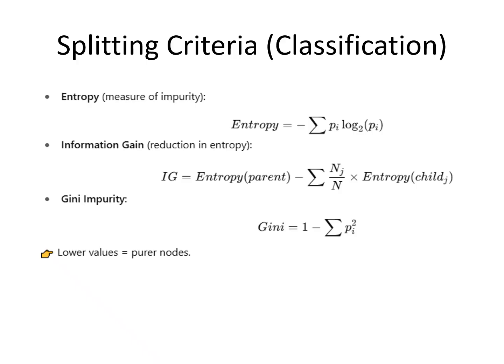So for classification problems, remember I did mention that we can use decision trees for both regression and classification problems. For the classification task, the splitting criteria is based on three different metrics. We can either use the entropy, which measures the impurity of that tree, which is based on the log of P, where P is the proportion of the particular class we are predicting.